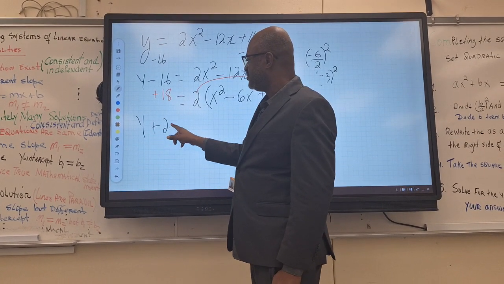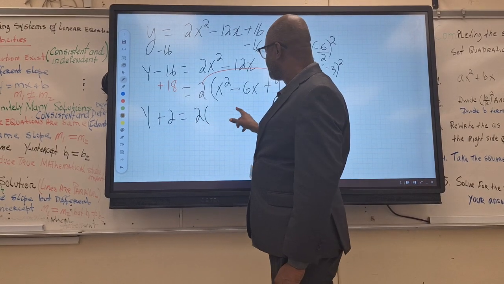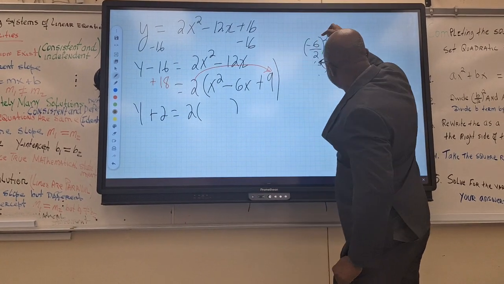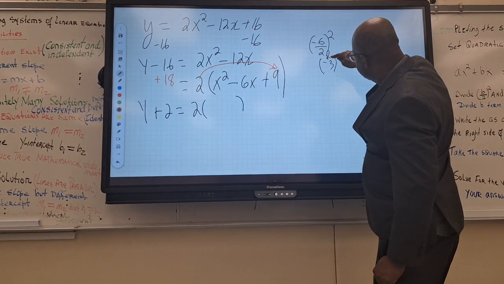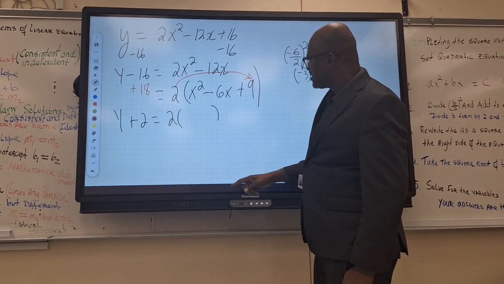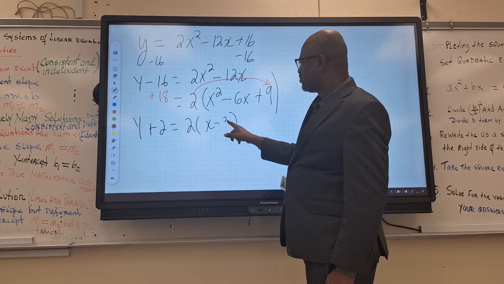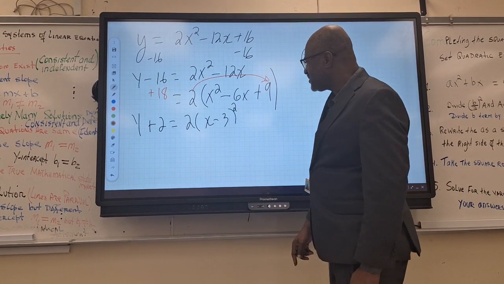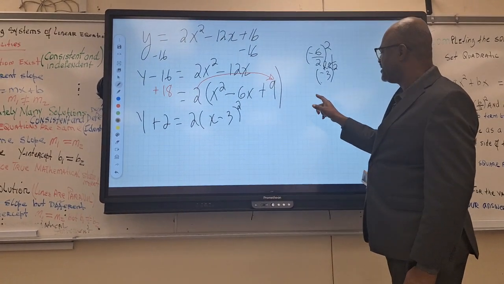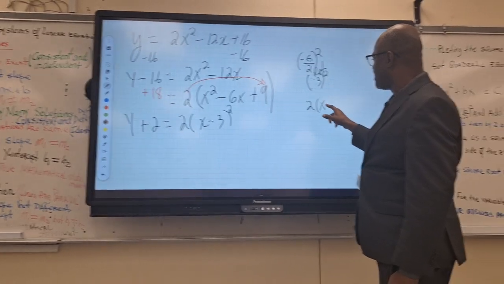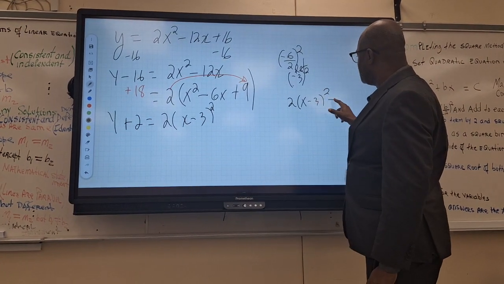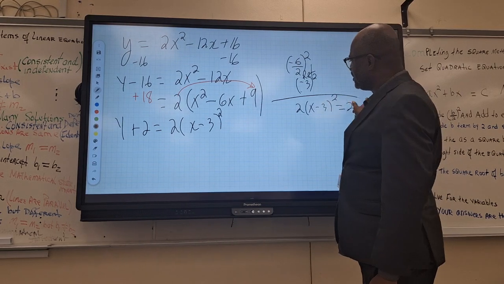It's positive 2, equal to 2 times, and remember your reference. So that's what goes inside the parentheses. That will be x minus 3, then you square it. You're going to write this again as 2 times x minus 3 squared is equal to 2.